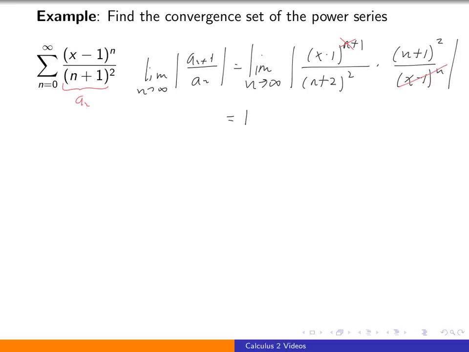We will go ahead and pull that x minus 1 out in front of the limit, and what remains would be the limit as n approaches infinity of n plus 1 squared over n plus 2 squared, which we will conveniently express as n plus 1 over n plus 2 quantity squared. At this point, thinking about taking the limit and plugging it inside the square, we would be taking the limit of a degree 1 over a degree 1, which means we simply divide their leading coefficients. So what we are left with is the absolute value of x minus 1 times 1.